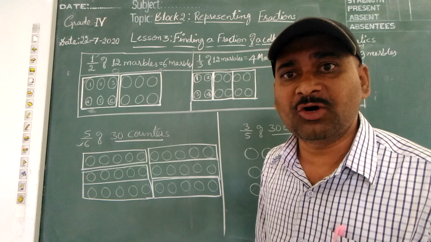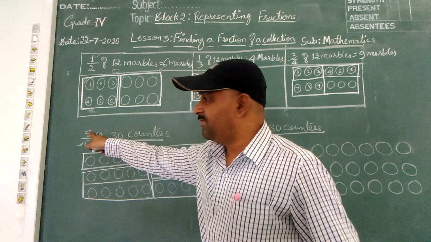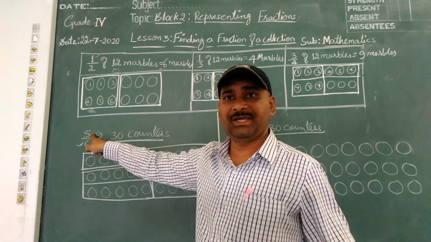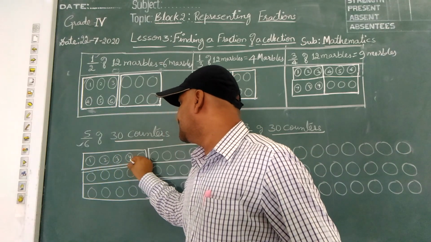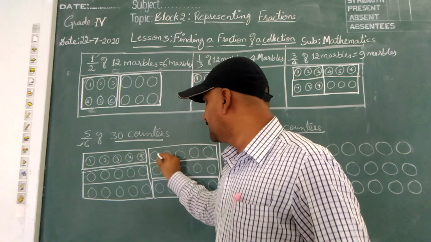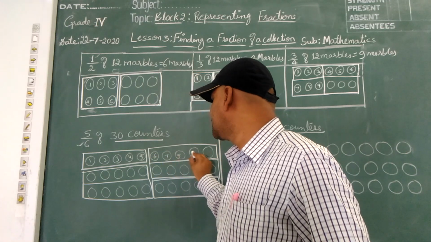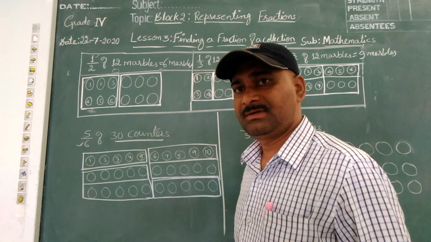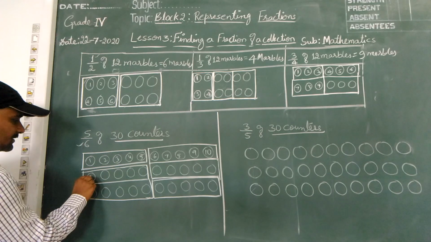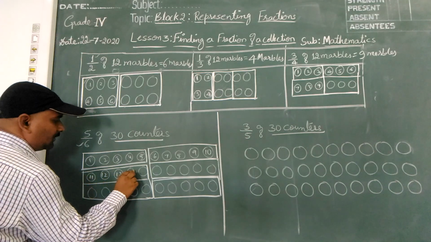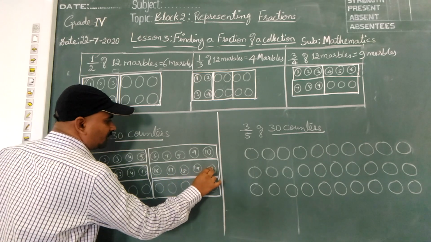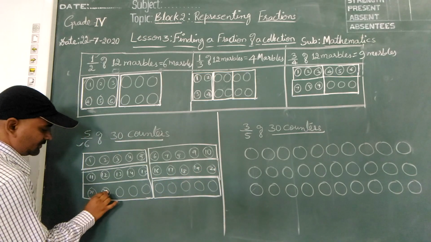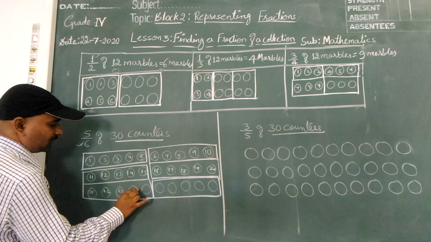Out of 6 groups, how many should I select? 5 groups. I should select 5 groups. So 5 groups: this is 1 group, this is second group, third group, fourth group, fifth group.